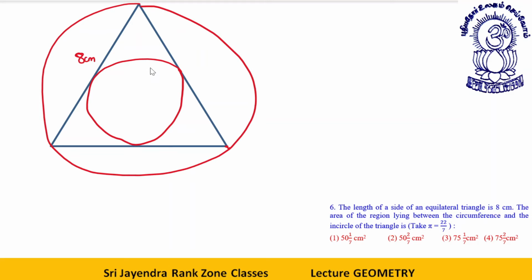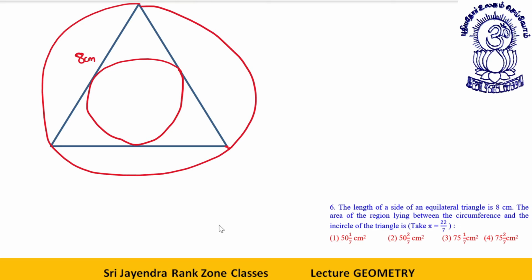Now students, the region between the circumcircle and the incircle: the outer circle is the circumcircle and the inner circle is the incircle. So the region between this and this is the area you have to find.